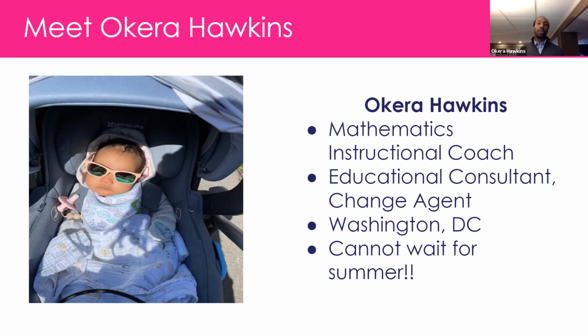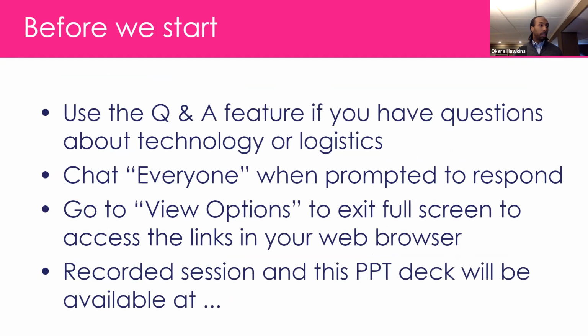And of course, she can't go anywhere without her binky. So she was ready to rock and roll. So just wanted to share that. And one quick fact about me, I cannot wait for summer to begin. Just to be able to sit outside and enjoy the nice warm weather, barbecue on my grill, just some of the things I'm looking forward to over the next couple of months.